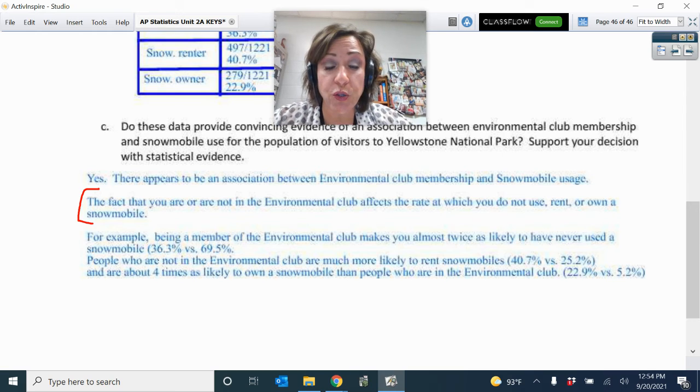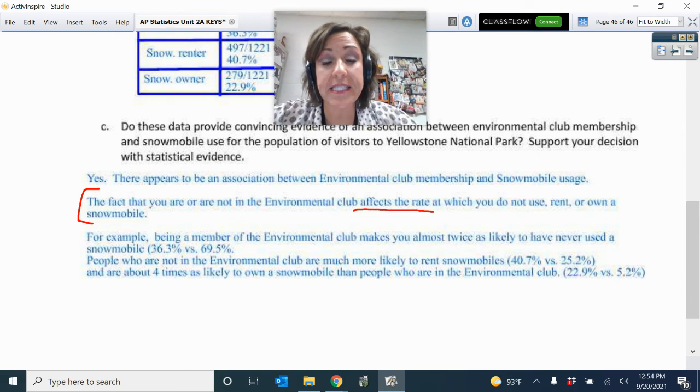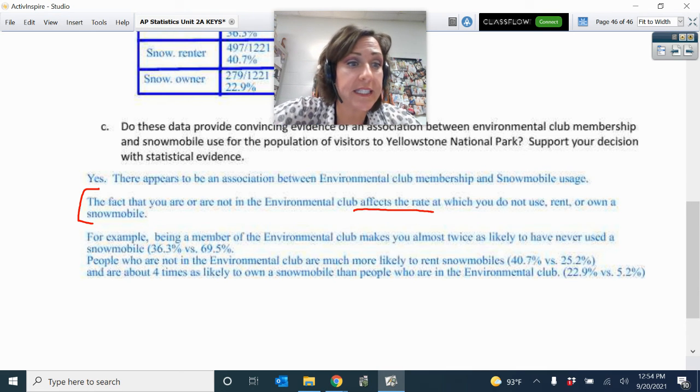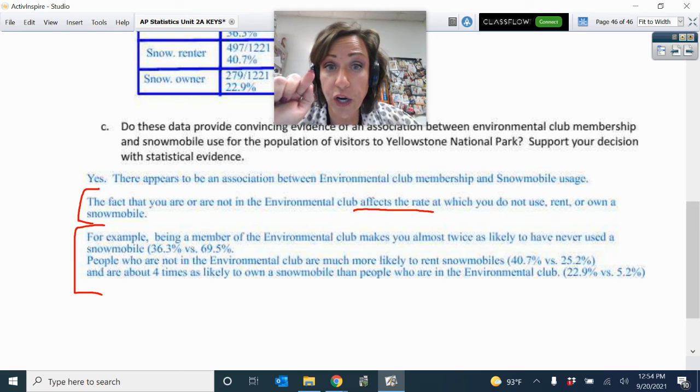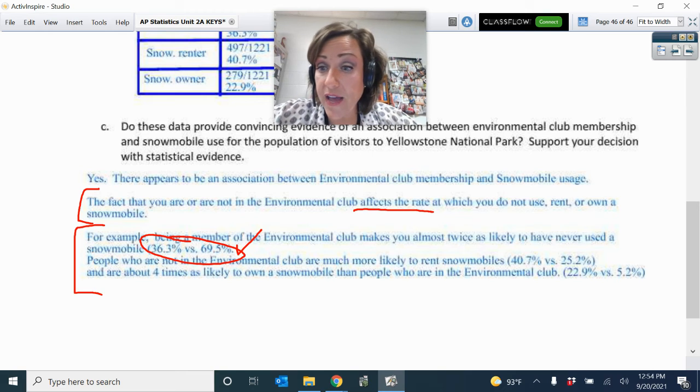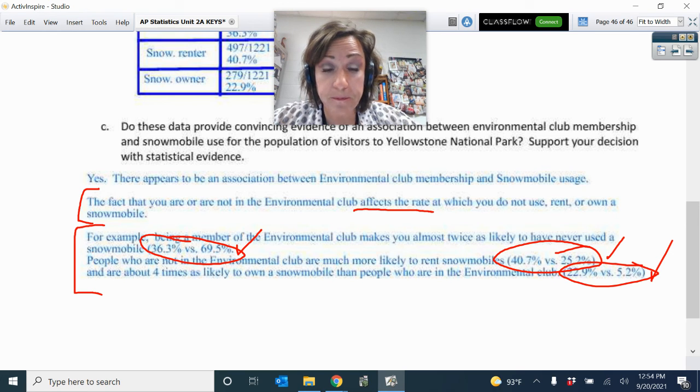The fact that you are or are not in the environmental club affects the rate at which you do those things. And then statistical evidence for every category. Make a statement and put numerical values for every category.